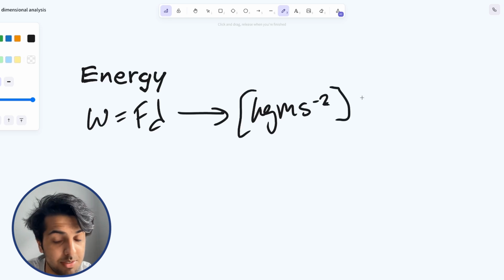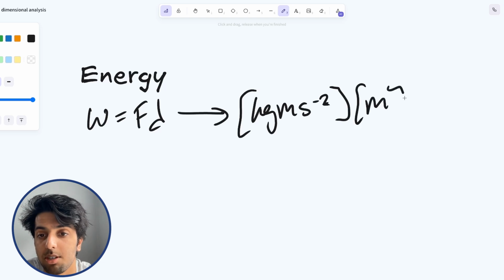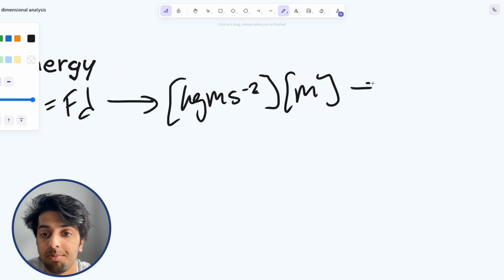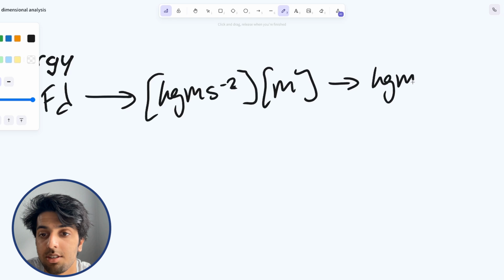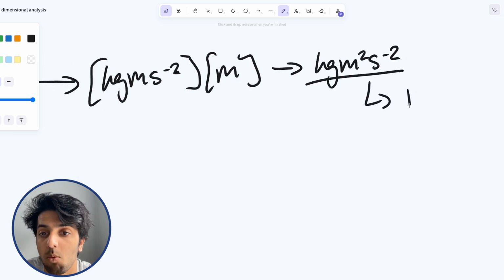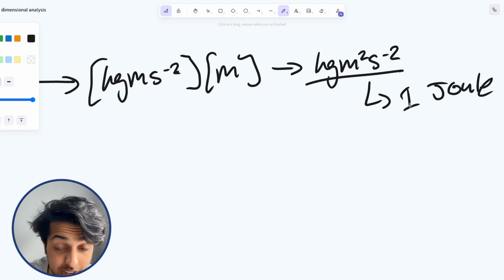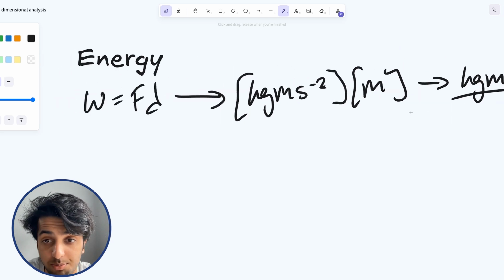And d is distance, which is just meters. And so we get kg meters squared per second squared, and that is equal to 1 joule of energy. So that is what a joule is equivalent to.